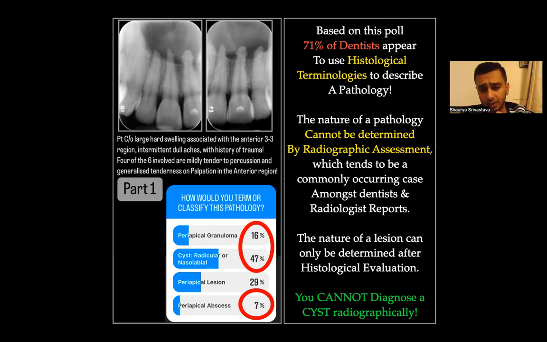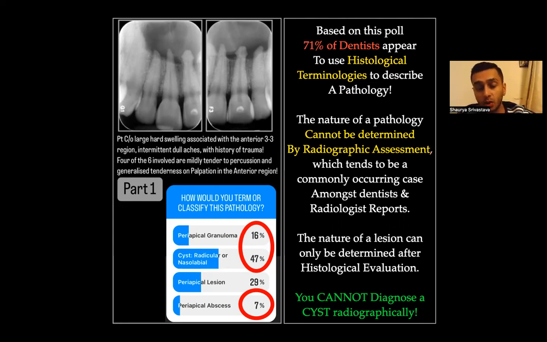But a cyst is a histological diagnosis, and that is not the right way to define what your pathology is, because if you diagnose a cyst, you're going to have a bias already in your treatment. So you cannot diagnose a cyst radiographically, you cannot diagnose an abscess radiographically, or a granuloma for that matter. What you would want to call this is a periapical lesion.